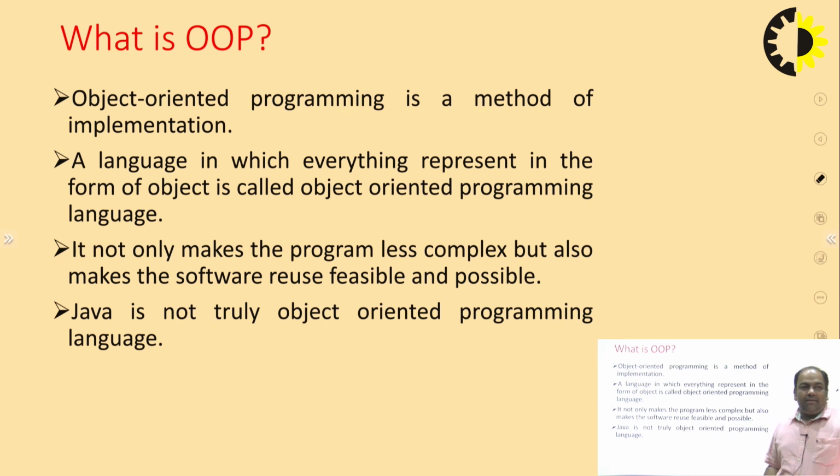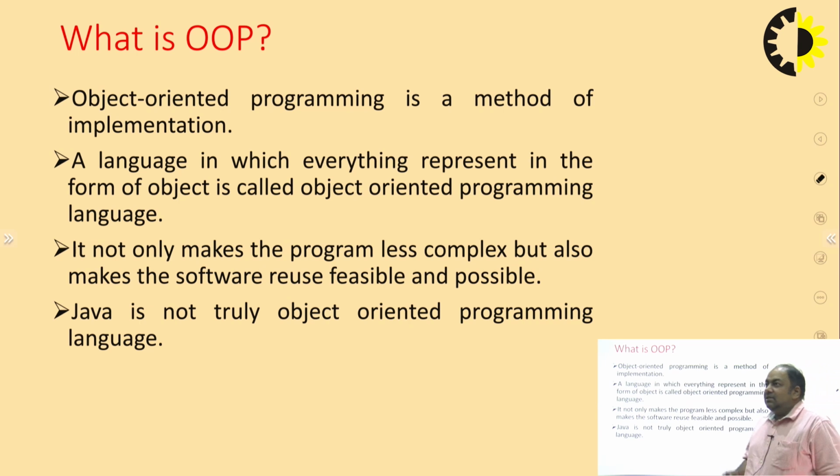For example, a pen is an object. But how we use that object in the concept of programming is defined in OOPS. And the main function of OOPS is that it makes our program less complex. We will discuss it later on. And it makes the software more feasible and possible.